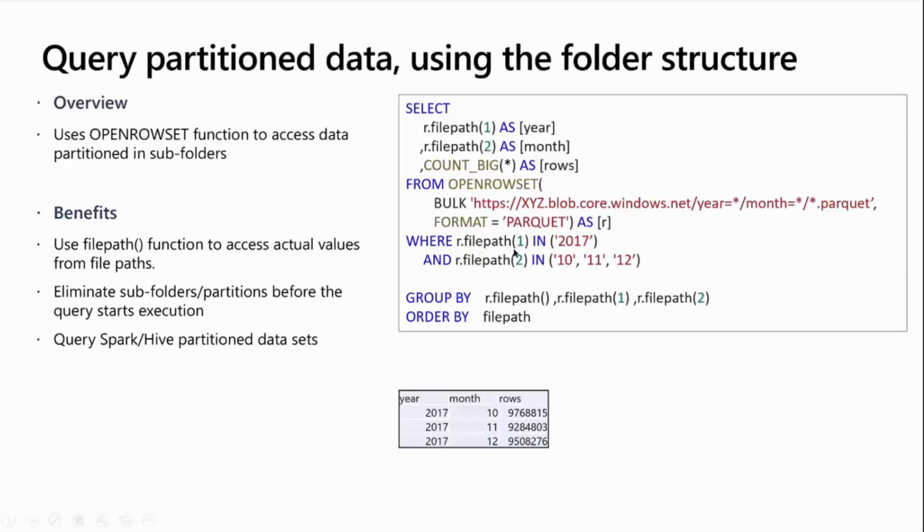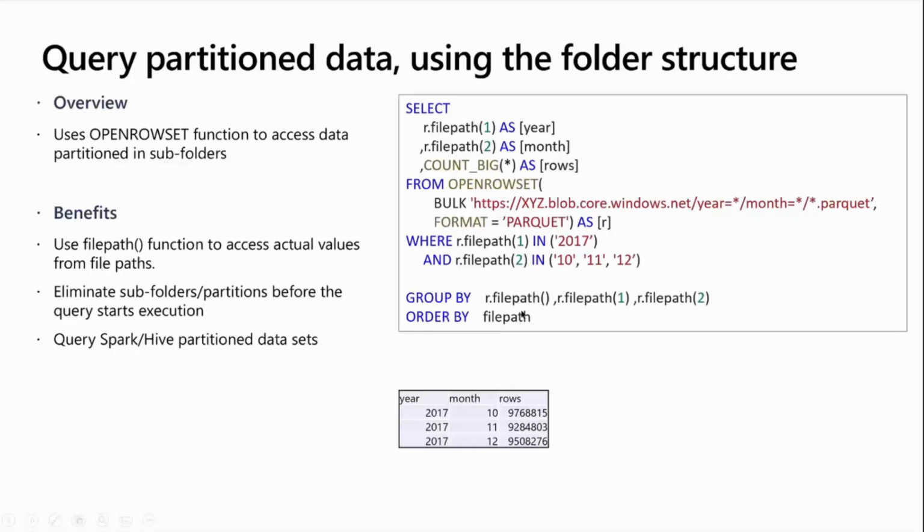So that file path function can access it. And then notice it's going to use the file path function with an ordinal value to provide the actual value. So here we're getting 2017. That's always the same because we only have one value, but here it changes per row. We've got 10, 11, and 12, and then we've got our row count, using count big, and then we're grouping by those three fields to make sure I get the right values in there, and then I can order it.